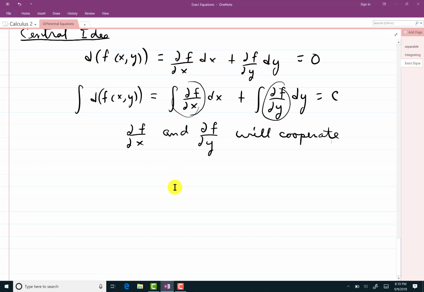And the only way I can ensure that is if I take the partial with respect to y of partial of f with respect to x, and that's the same as the partial with respect to x, partial of f with respect to y. In other words, these are second derivatives. The deal is, if this equals this, then when I go back and integrate, no matter how I integrate, I can flip the order of integrations and work my way back to the same f.